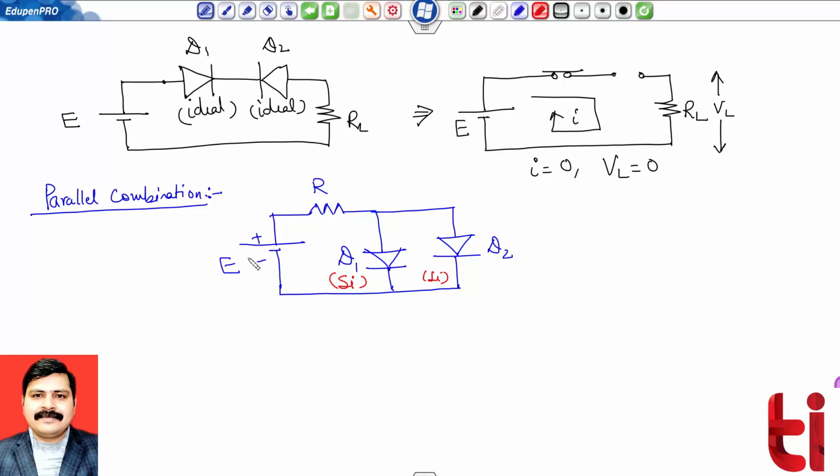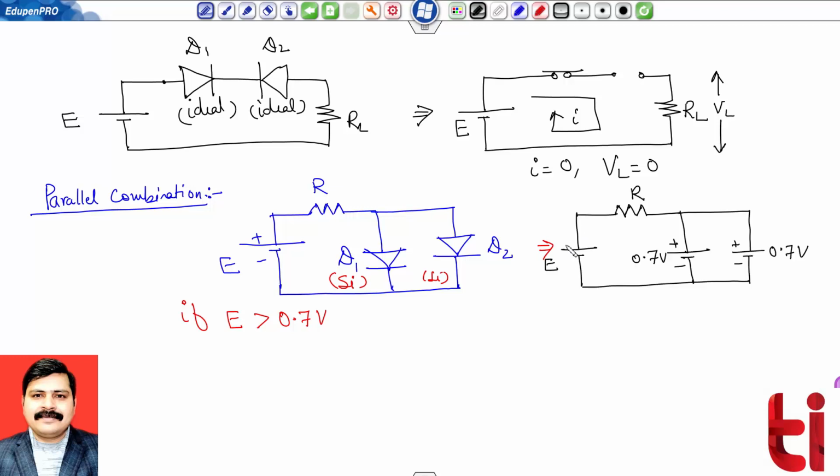If my external voltage E is 0.7 volt, then both diodes will be on and my equivalent circuit will be like this: external battery E, and I have taken this term. So this is my parallel combination case and this is my equivalent circuit.